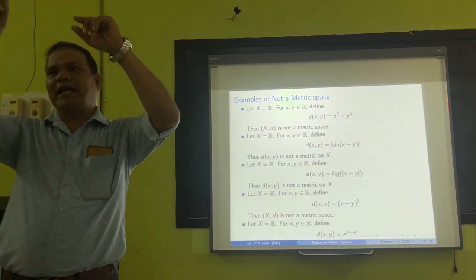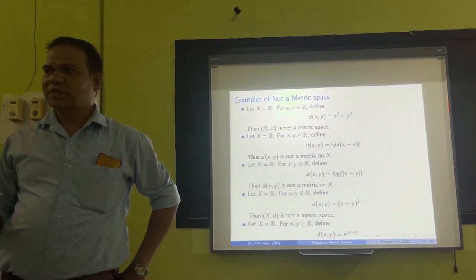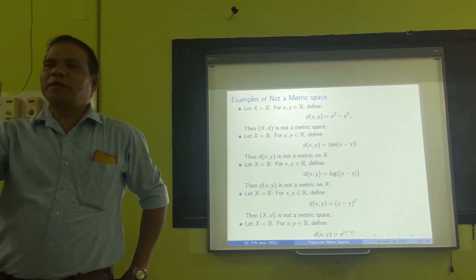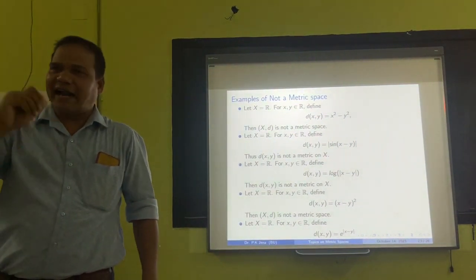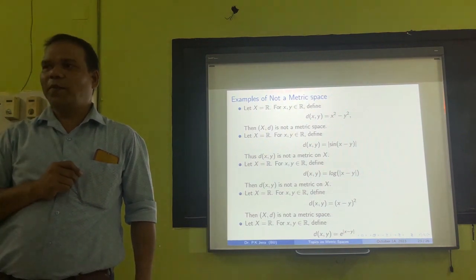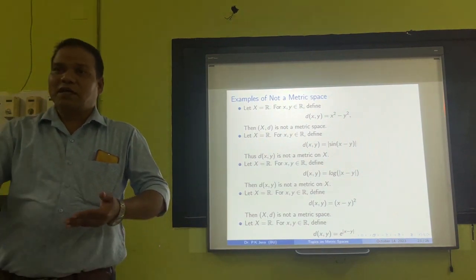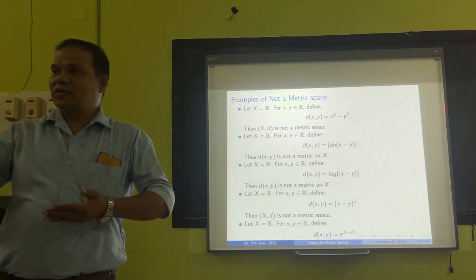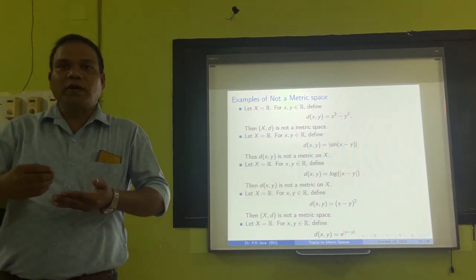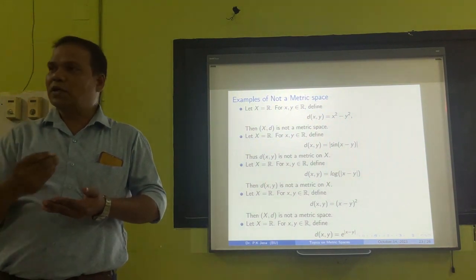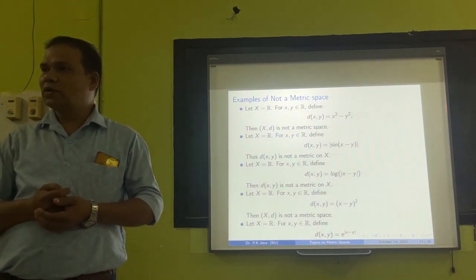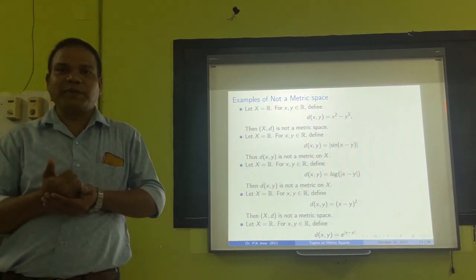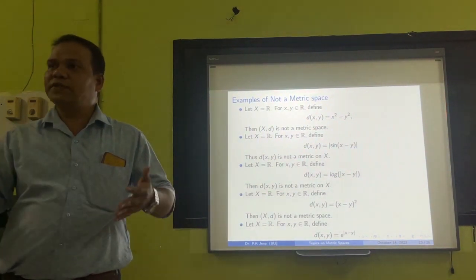Suppose they give X equal to R and write several metrics on R, and ask which of the following will be a metric on R. If you are truly acquainted with the several definitions of metric on R, you can judge which option will be true. This is a good collection regarding the metric space on any non-empty set.